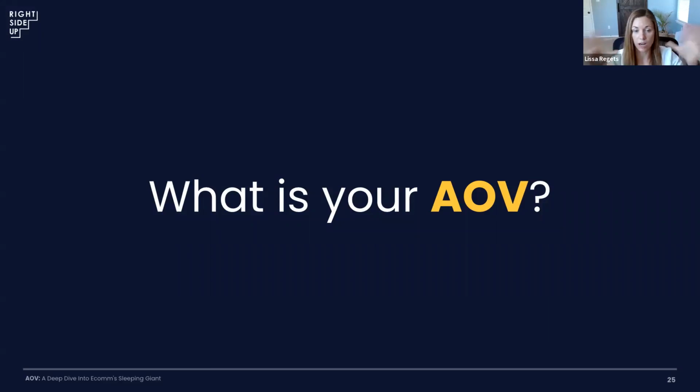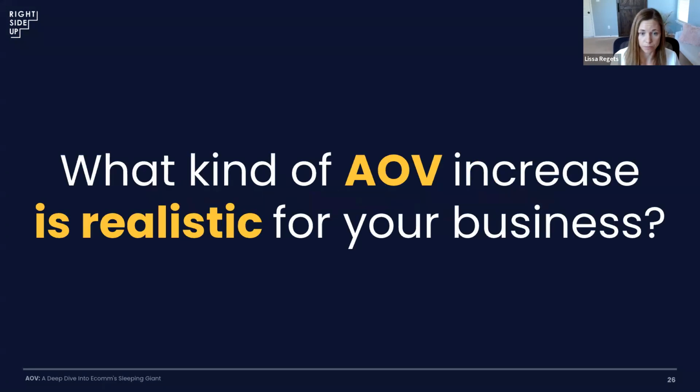What's your AOV for your high value customers? What's your AOV for your first time customers, for your existing customers coming back? Try to understand AOV by category. There are all sorts of different ways you can split it. Try to pull those insights from your own business to give you an informed decision of where you are today. Because you can't get to point B unless you know where point A is.